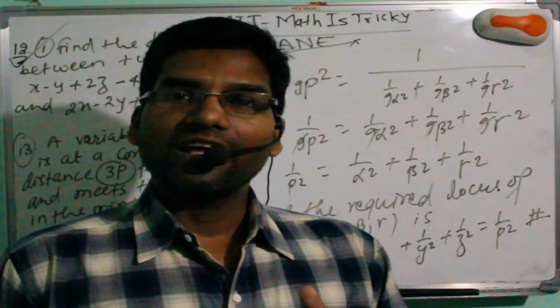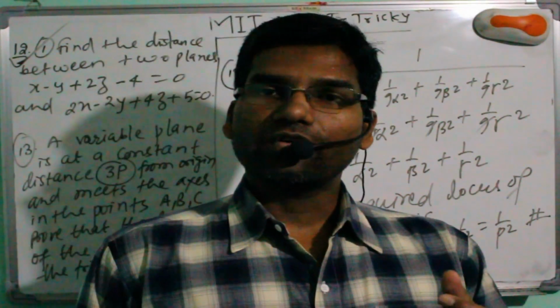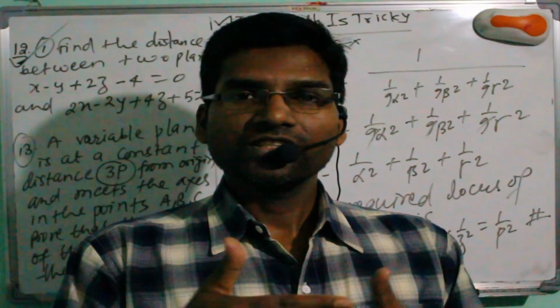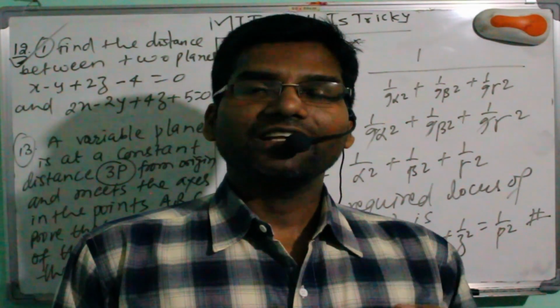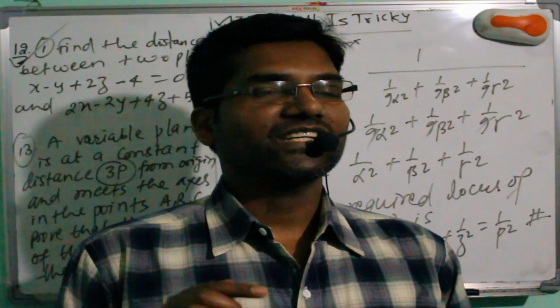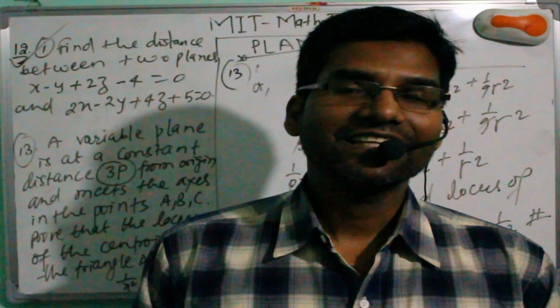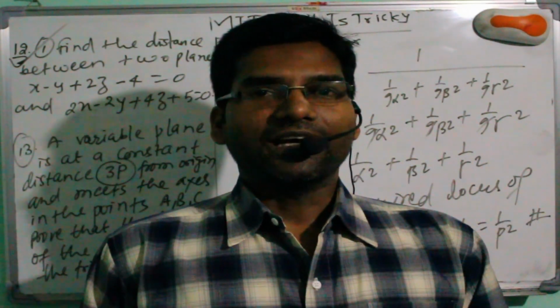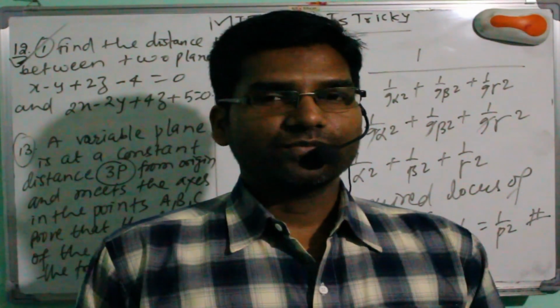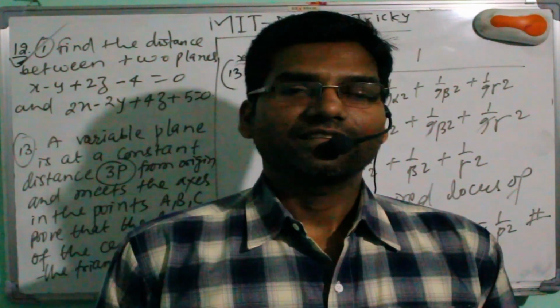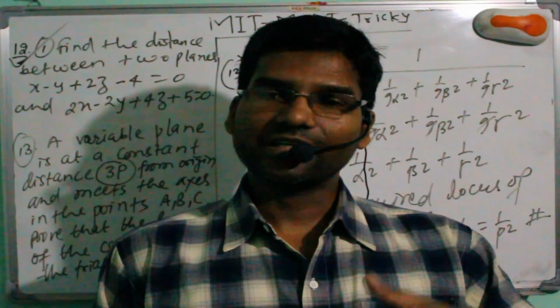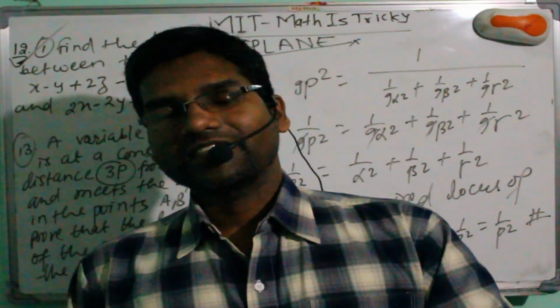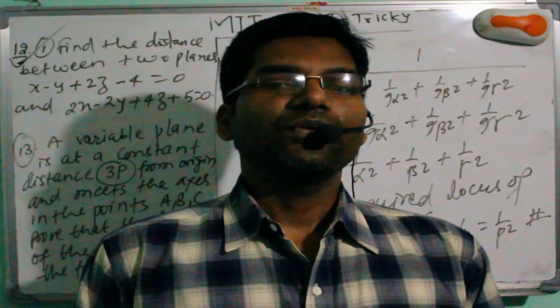That is the length of the perpendicular from the origin to the plane. We got it by the formula (a x1 plus b y1 plus c z1 plus d) by square root of a square plus b square plus c square, and from that by simplification, first squaring and then doing reciprocal, we got the answer.